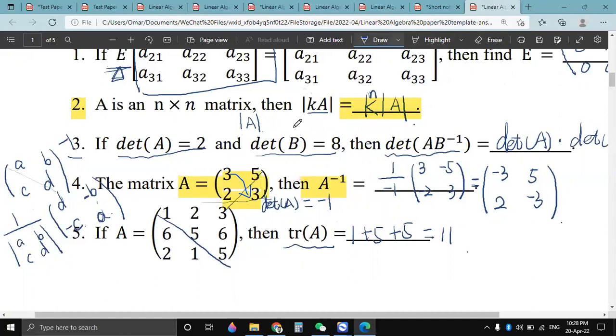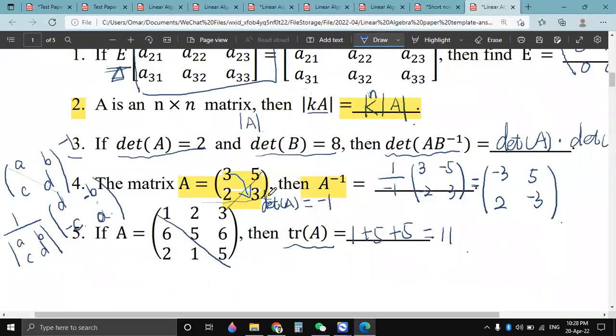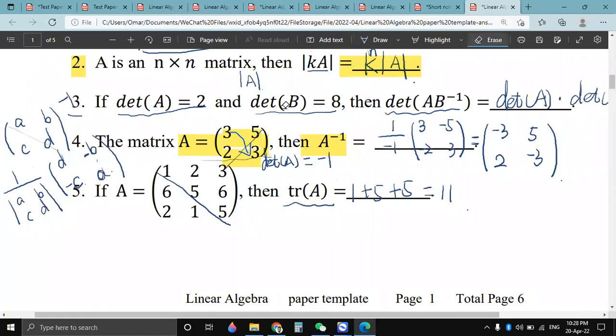So our formula was 1 over determinant of A, right? So determinant of A will be, let me calculate here. To find the determinant, we multiply the first corner, and then minus, we multiply the second corner.